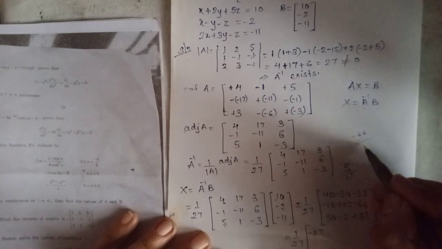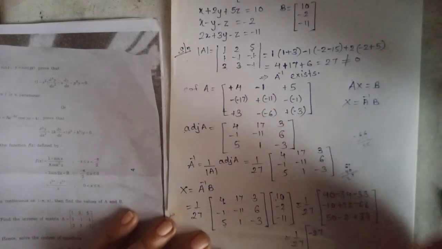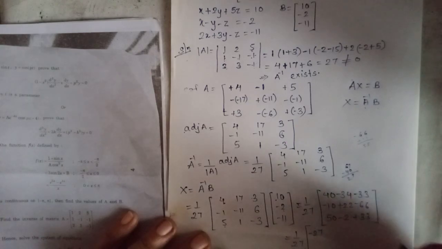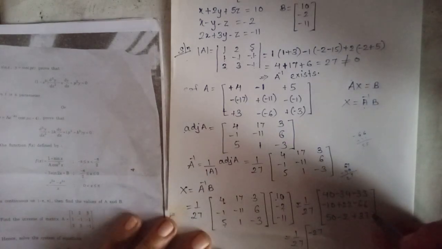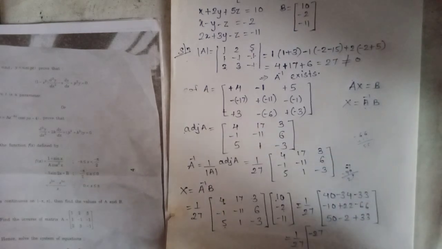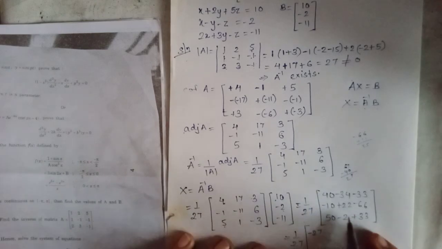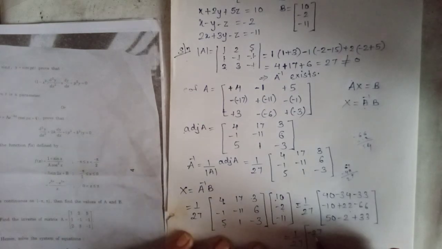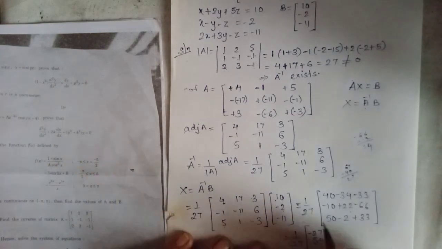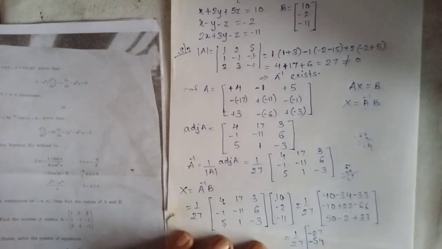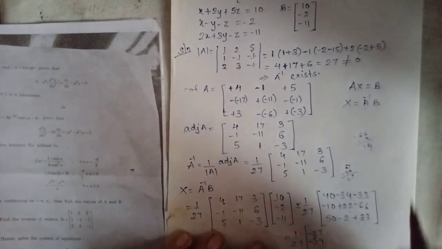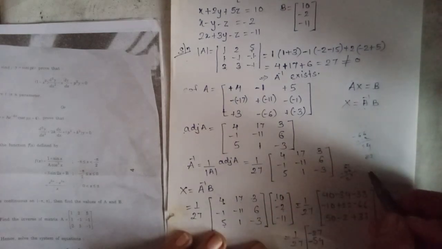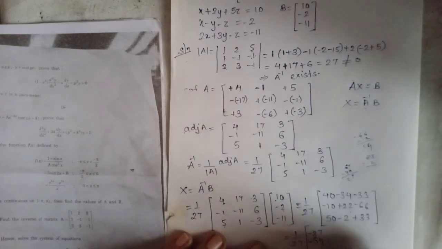So this is 55. This is 12, 54 minus 54. Then 83 minus 2, so 81.